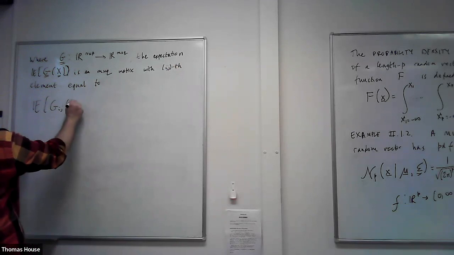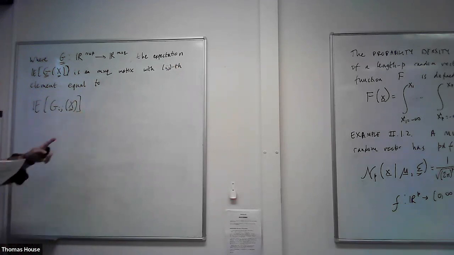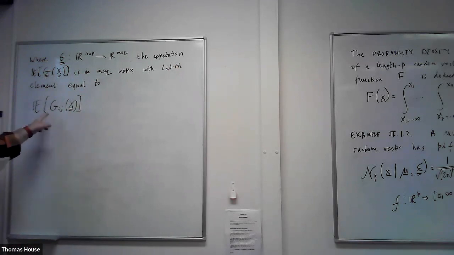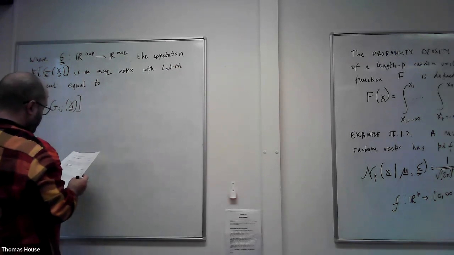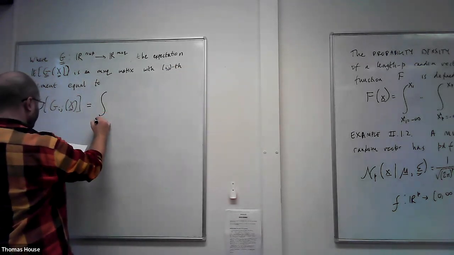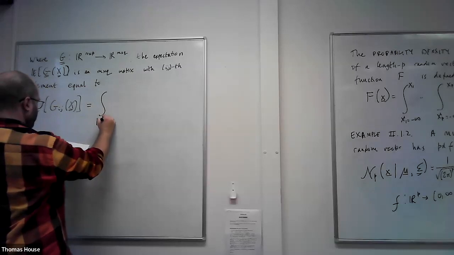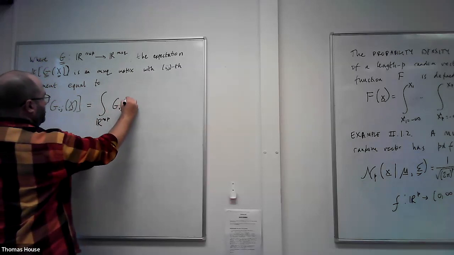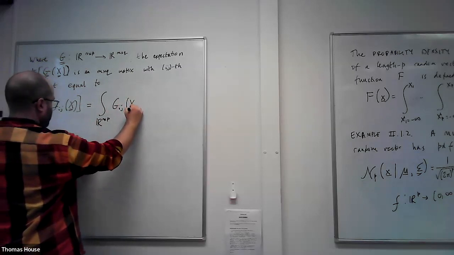So the argument is a matrix argument, and the thing that it maps onto has i and j elements. Again, one of these could be one. I write this out in full in the notes, but we're just going to write it in the more compact form.